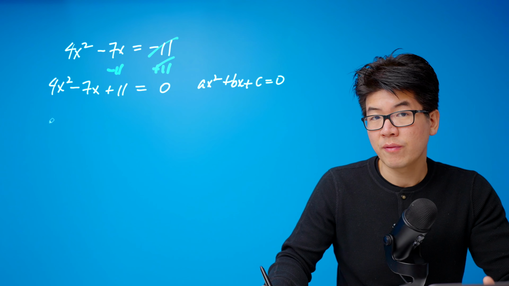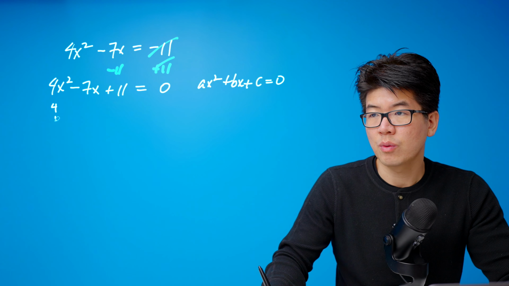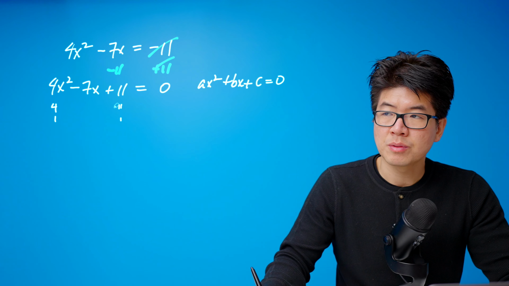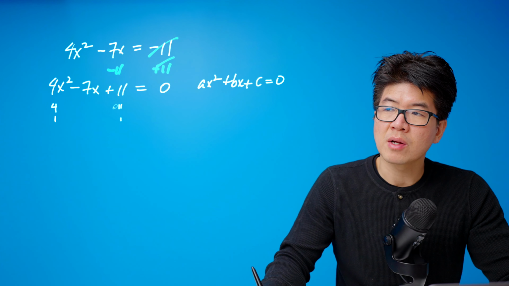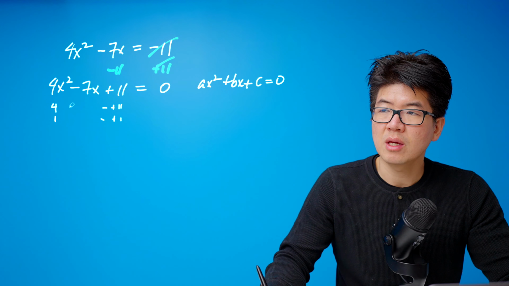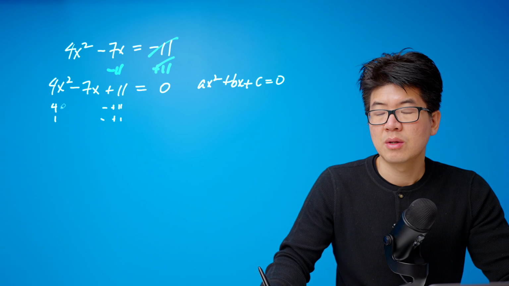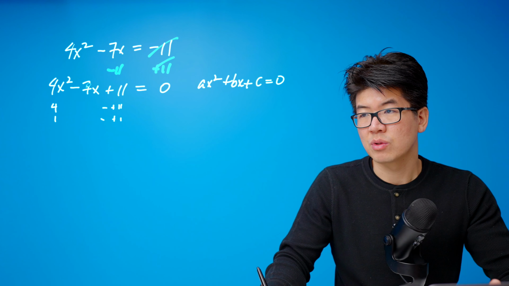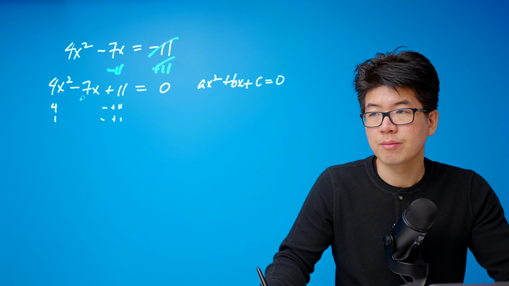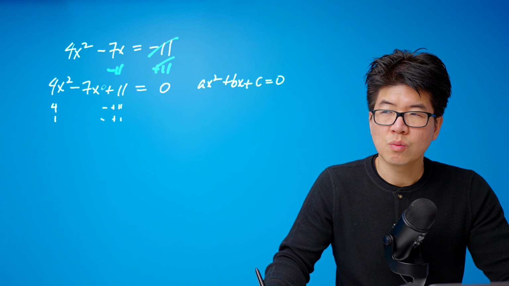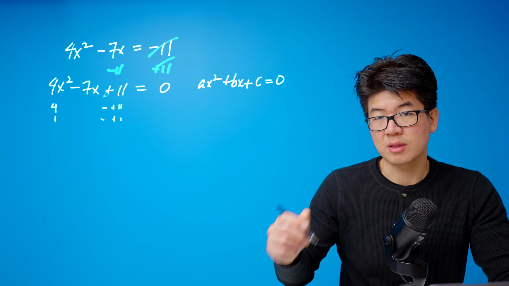Now, can we factor this? For 1, we have the option of both of these factors being plus or negative. Either way, right? We're basically doing 4 plus 11, which is not going to get us to negative 7. If this was negative 11, it would have been factorable, but it's not.